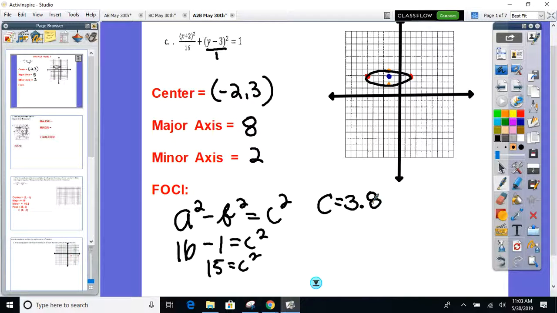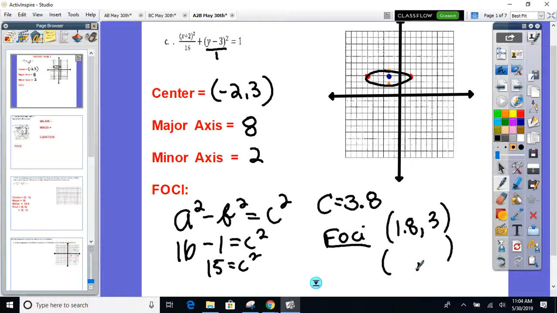So here you go. From the center, you're going to take a look. This might be tough for you. 3.8 to the left, 3.8 to the right. Okay? So if I go 3.8 to the right, I'm still going to have 3 as the y coordinate. Was that 1.8, comma 3? And then you go 3.8 to the left. Declan, what's up? This one here?